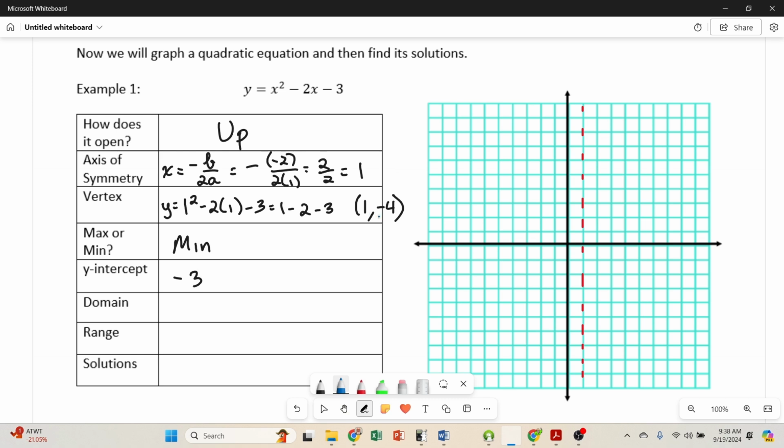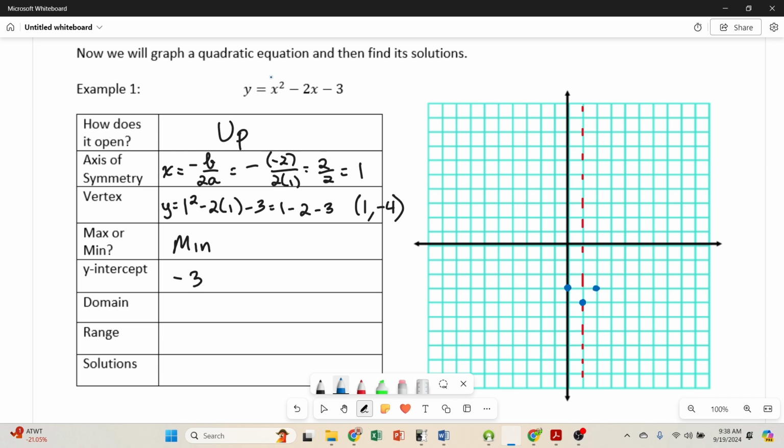So we can go ahead and start plotting some points here. First, our vertex, 1, negative 4. So I'm going to go down here to 1 and go down 4: 1, 2, 3, 4, and I'm going to put a dot right there. I know this is the minimum. My y-intercept is negative 3, so it's going to be right here. And so I know my vertex is out here.